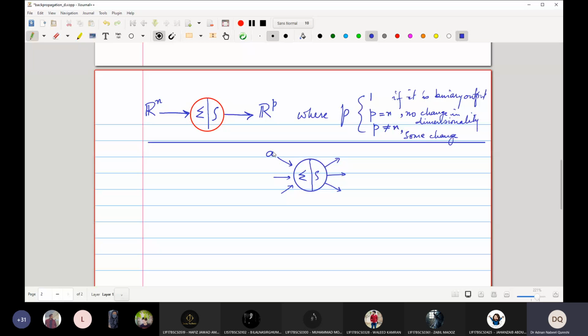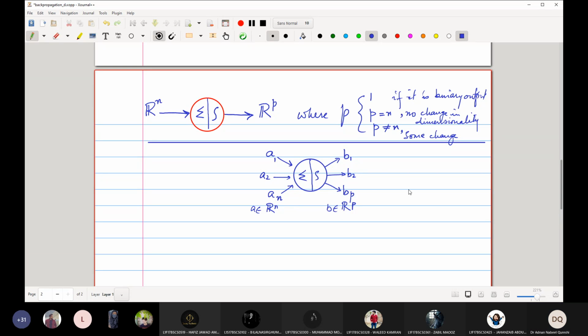Let's say the inputs are all A's. So it is A1, A2, and A can go up to any number n, and this gets converted into something that we called B, all the way till B subscript P. So on one side we have the Rn, this should be clear to you by now, and on the other side we have the Rp. So A belongs to this and B belongs to this.